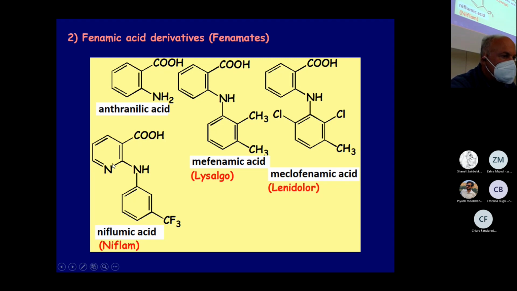You see the nitrogen instead of a benzene ring. Acidic function in ortho position, an amino group with an aromatic ring with a trifluoromethyl. A strong increase in lipophilicity due to the presence of trifluoromethyl and also by the presence of a second aromatic ring.